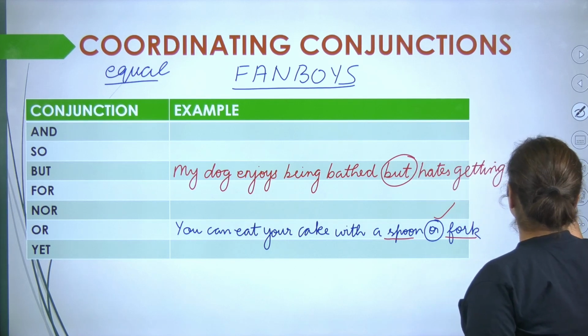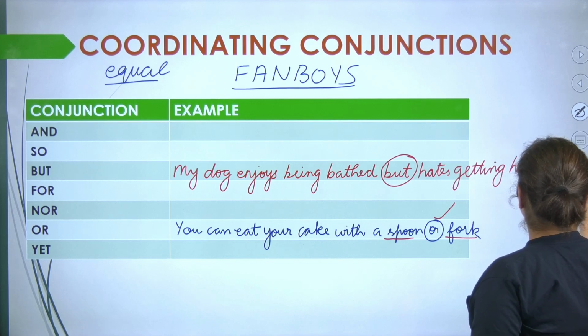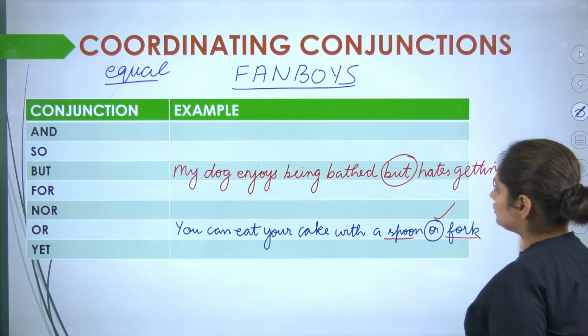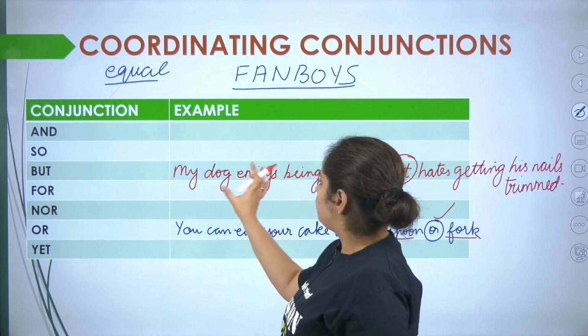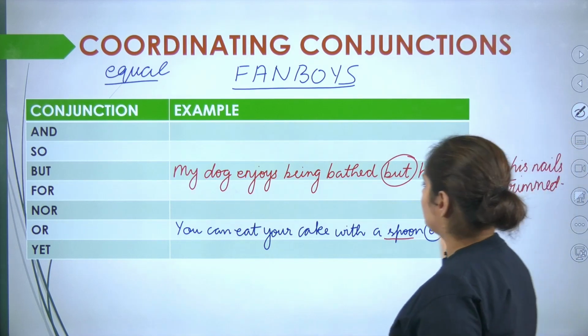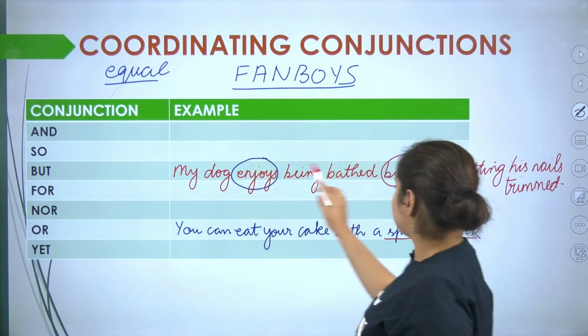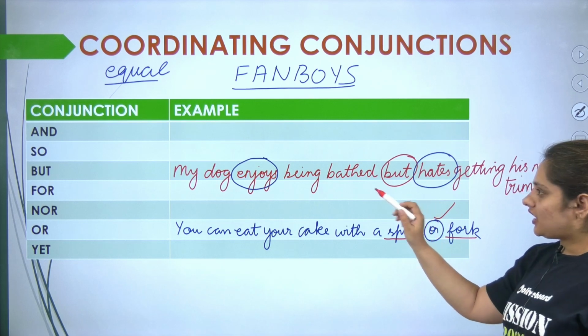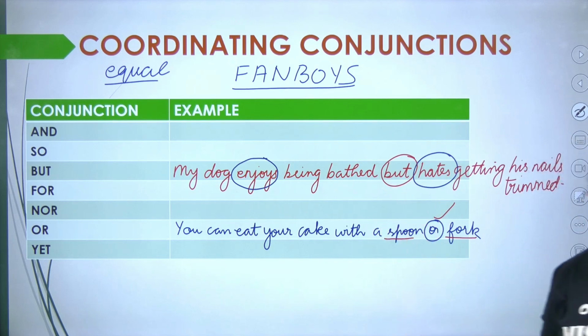Usually pets are like that, dogs are like that. So this is contrast. What is equal here, guys? Equal is this part, what he enjoys, and at the same time equally what he hates. Are you seeing the contrast with but?